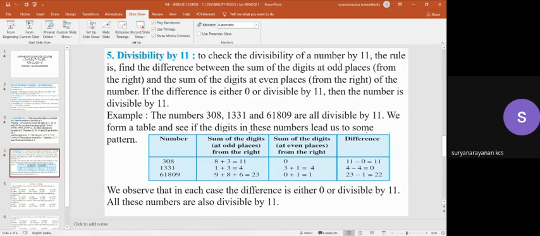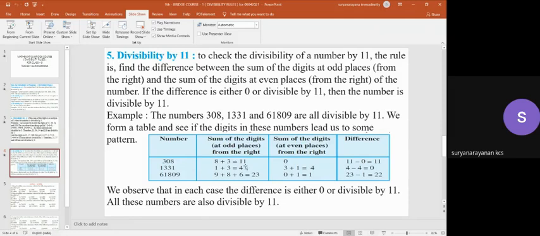See these numbers: 308, 1331 and 61,809 are divisible by 11. Because here, 308. From the right side, first take one digit and leave the second digit. After that, the third digit, like this. So 8 plus 3, what did you get here? 11.